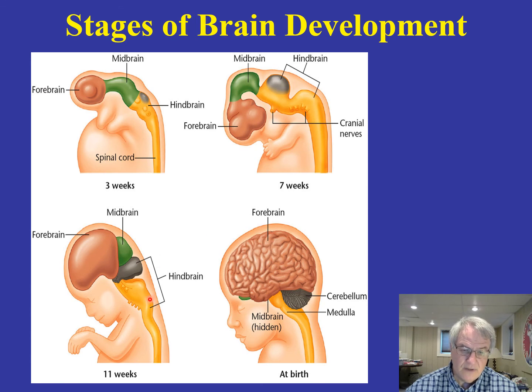Then at 11 weeks, you can see further development of the forebrain, and especially the hindbrain that you see right here. Again, at the time of birth, you see this very accelerated development of the forebrain, and what looks to be almost adult-like in terms of its appearance.